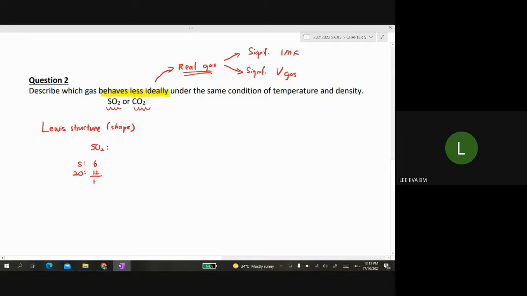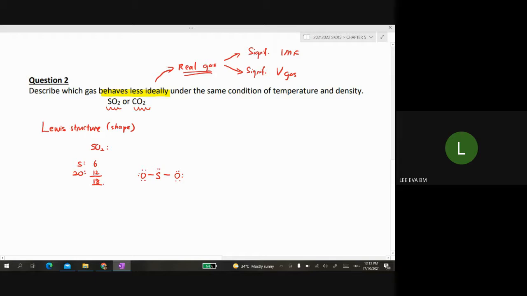So in total, we have 18 valence electrons. Sulfur sits in the middle, with oxygen on the sides. Do you still remember? Okay, completing the surrounding atoms with octet electrons. Now we have used 16 electrons, and the extra 2 electrons go in the middle.